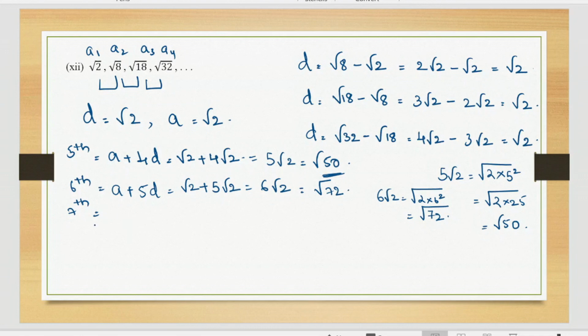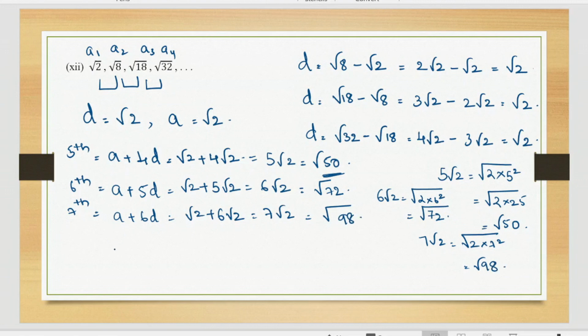Clear? Now the seventh term is A plus 6D. So A is root 2 plus 6 root 2, so you will get 7 root 2. So 7 root 2 is nothing but root of 2 into 7 square. 7 square is 49. 49 into 2 is root 98.